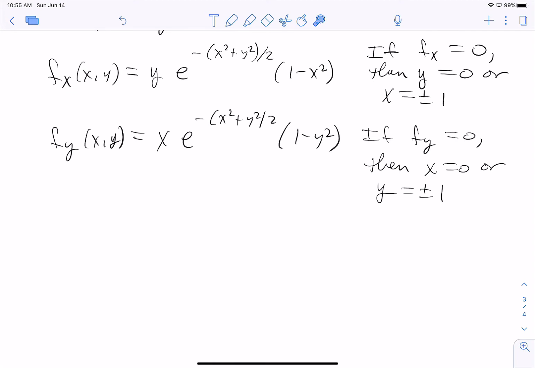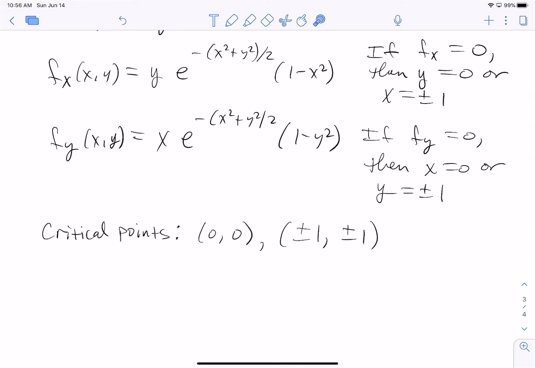Because fx has a factor of y and fy has a factor of x, we can see that one of the critical points is 0, 0. We can also see that because fx has a factor of 1 minus x squared and fy has a factor of 1 minus y squared, that plus or minus 1 represent more critical points.